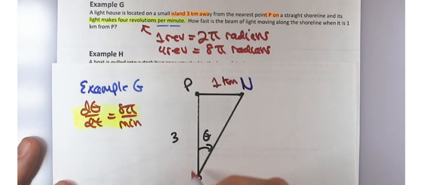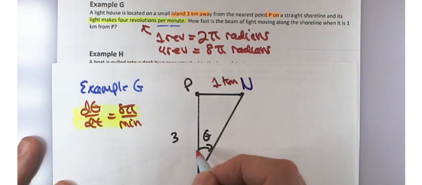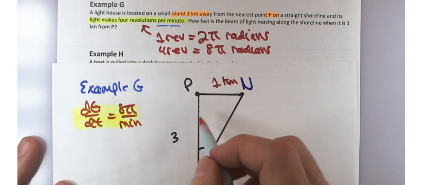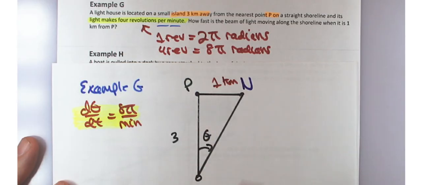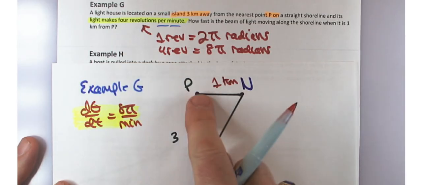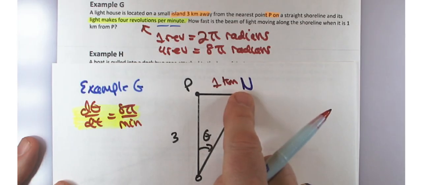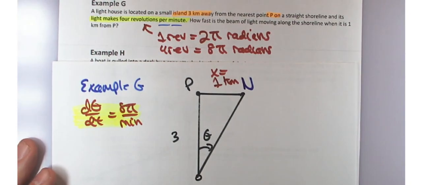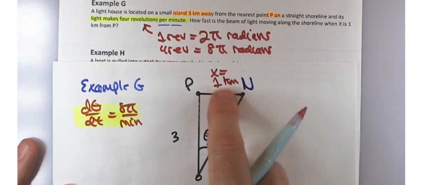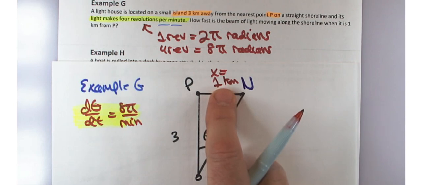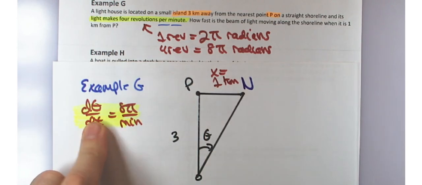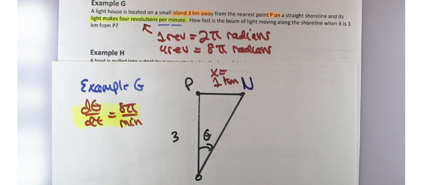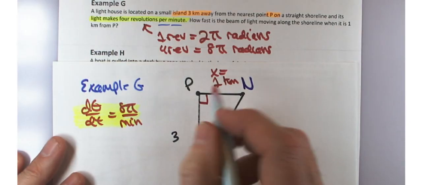Now, this side is fixed. It's not changing. But as the light rotates around its axis, the point on shore that it's pointing at will change. So this is a little bit of a variable. Call that x. And we're going to look at it when x is 1 kilometer. But in order to have some relationship that I can work with, I need to figure out something I can differentiate.